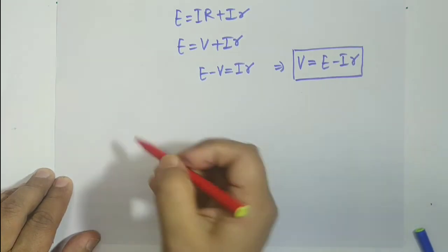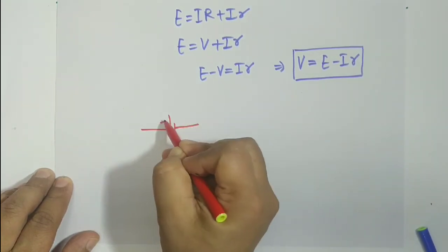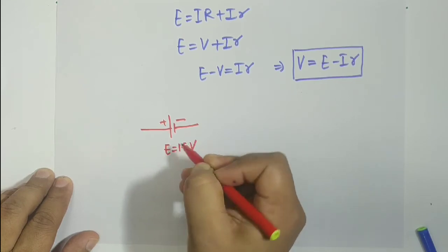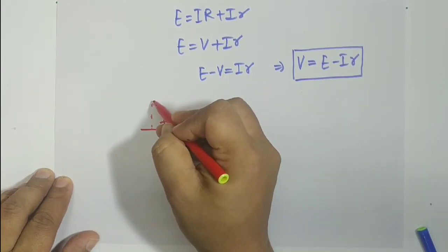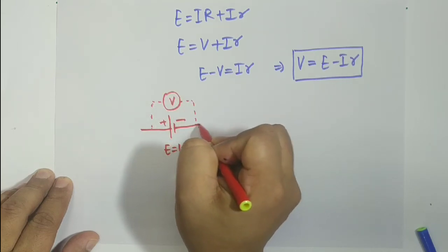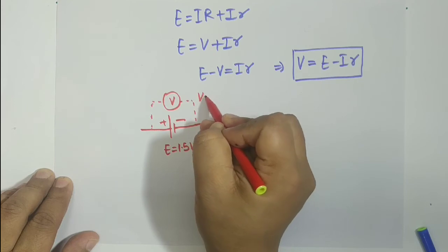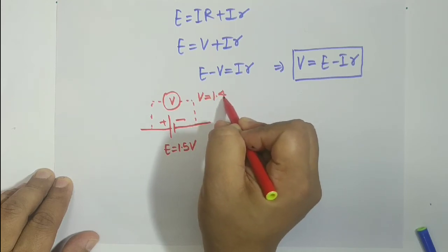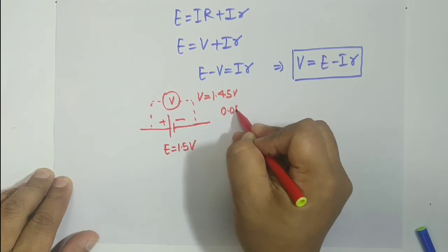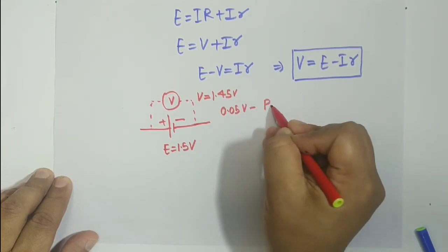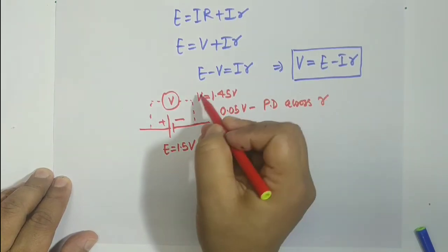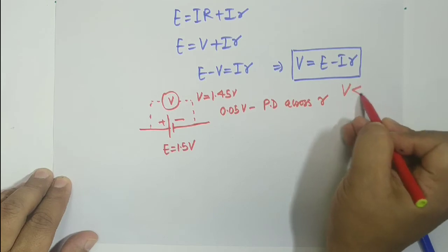That means if I have a cell and its EMF is 1.5 volt, and it is a closed circuit and I start measuring across the voltmeter, after some time I may get 1.45 volt in the reading. That means 0.05 volt is the potential drop across what? Small r. So V is less than E here.